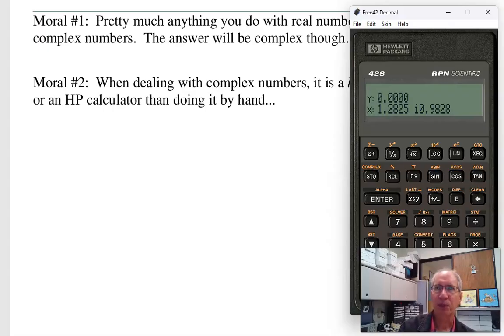Get familiar with it so that by the time you get to circuits 2, you can grind out the numbers on tests. And if you're going to use an HP calculator, I recommend you get used to it before you take circuits 2. It's got a learning curve. It's not something you want to learn during the test. Once you get familiar with it, though, they're fast. They work really, really well.